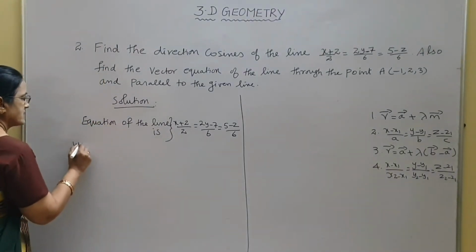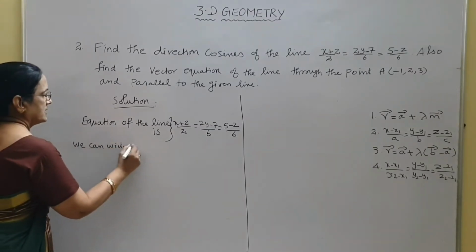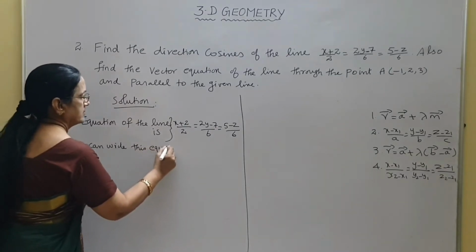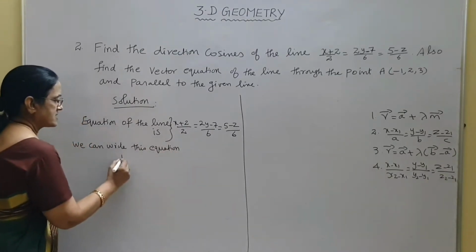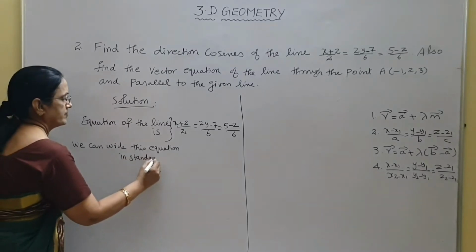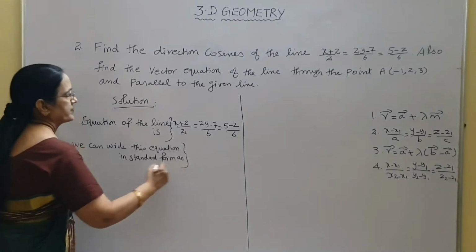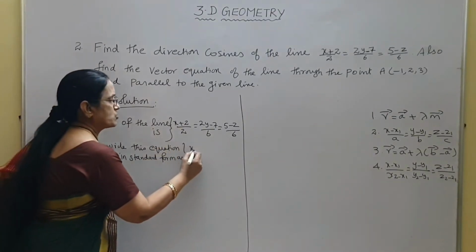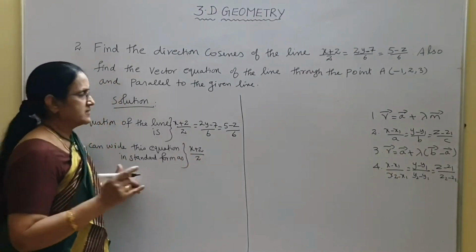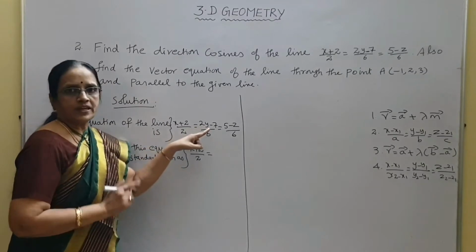We can write this equation in standard form as, write this (x plus 2) by 2 as it is. No change in that. Equal to. Here I have to make the coefficient of y as 1.